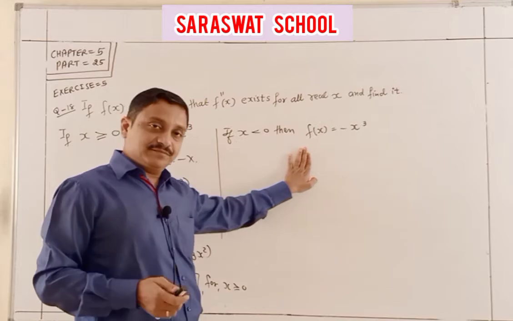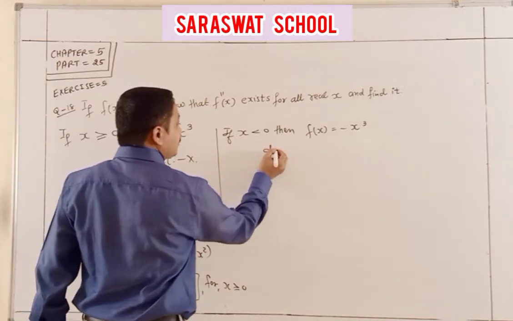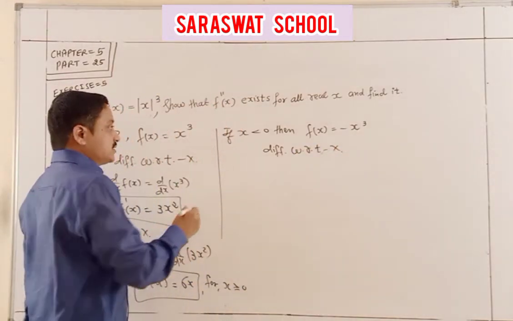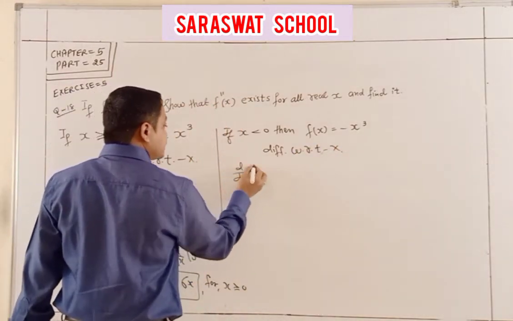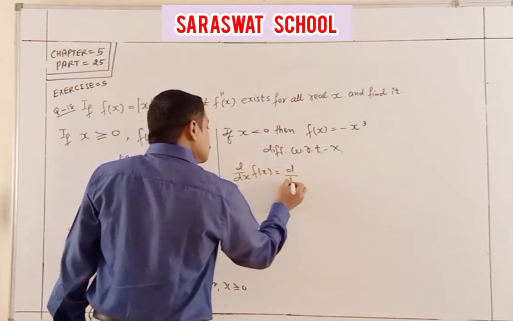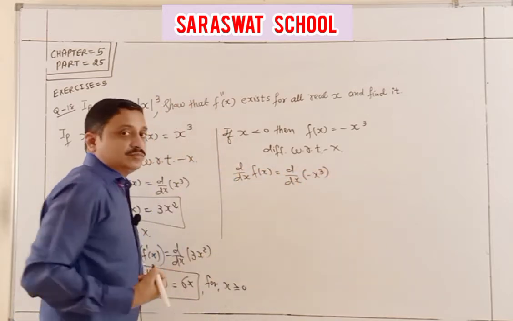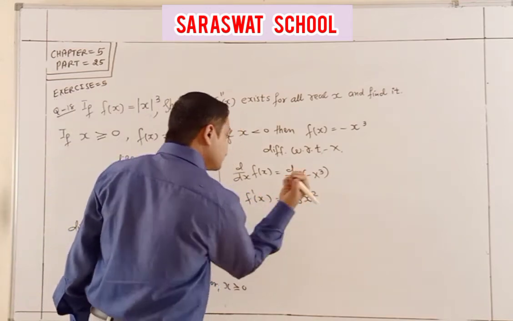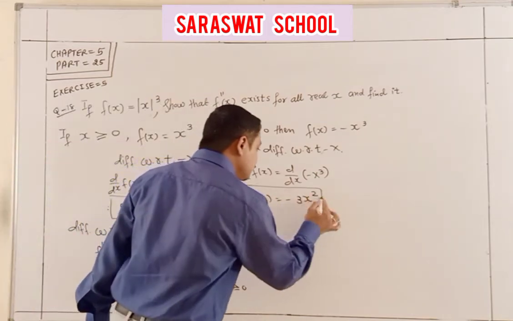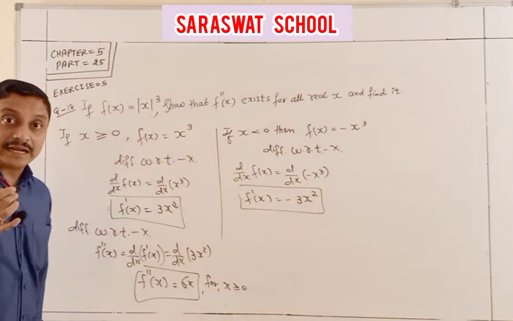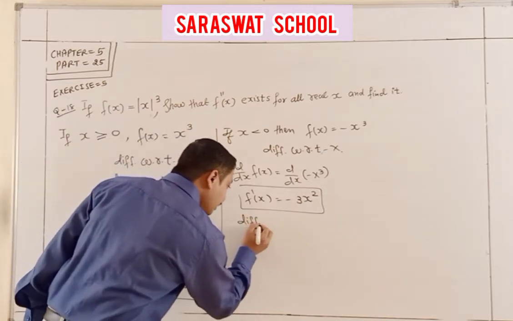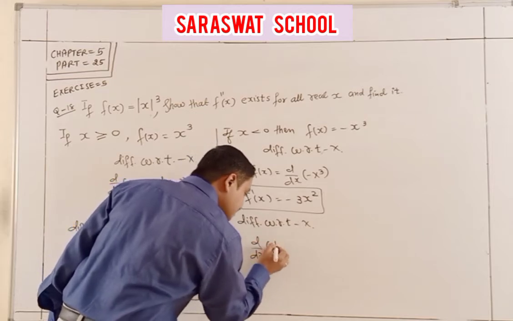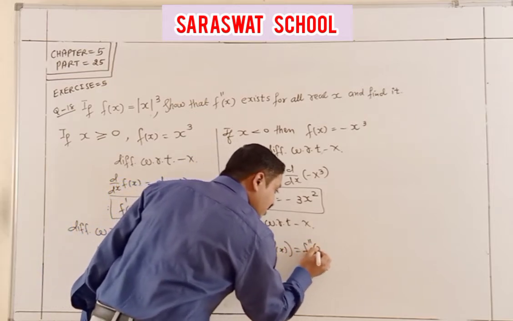Now the same for this side. Again by differentiation with respect to x, d/dx of f(x), d/dx of minus x cube. So here f dash x is minus 3x square. The first order derivative is easily done. Then again differentiation with respect to x: d/dx of f dash x is f double dash x.